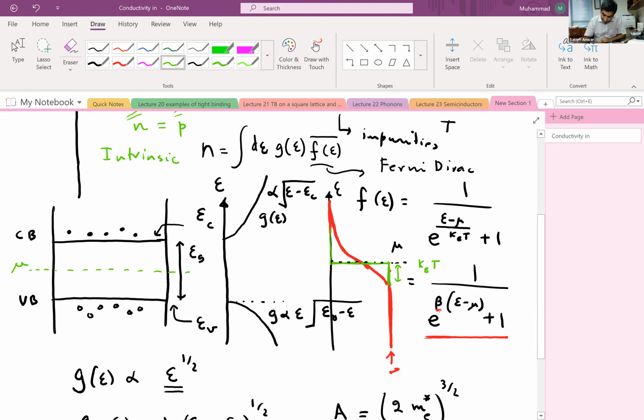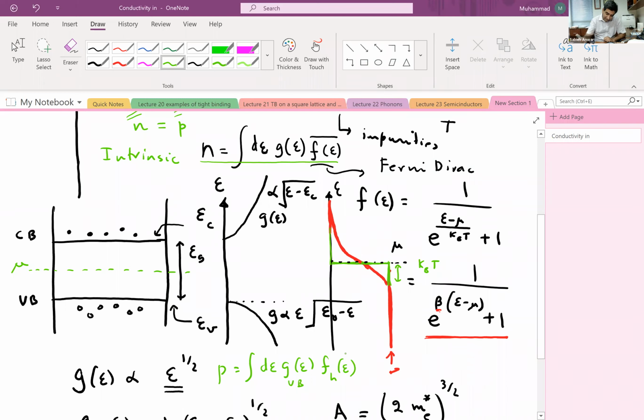Now, if we were to draw the Fermi-Dirac distribution for holes, this equation is valid for holes and electrons. For holes, we will just replace this g with the g for the valence band, and f with the f for the holes, called FH.